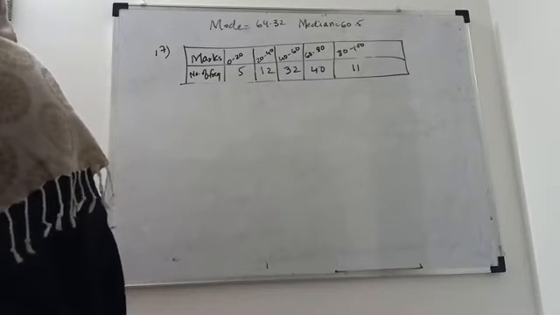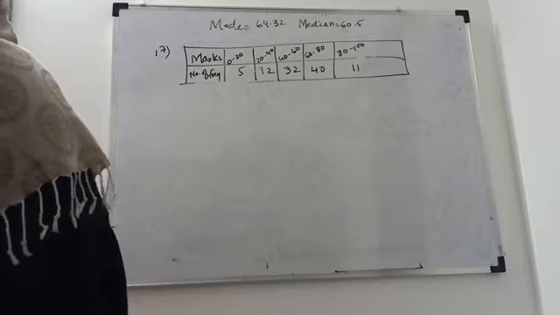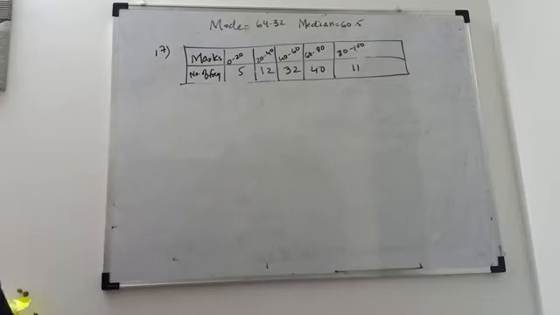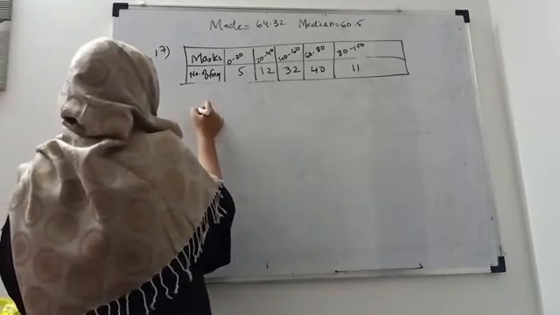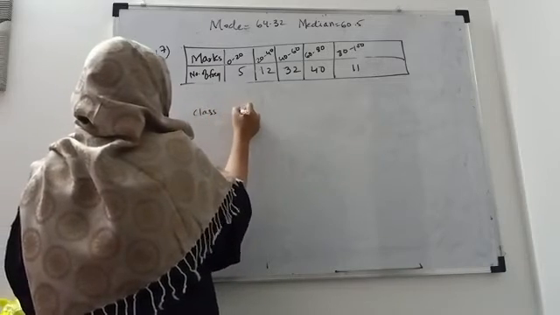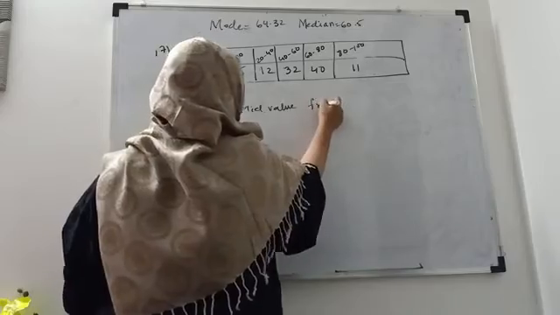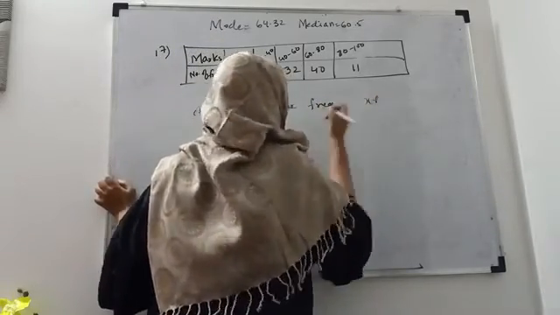Now for the mean, we need mid values. Okay. Classes, mid values, frequencies. Then mid values means x i. Then x i into f i. Right.